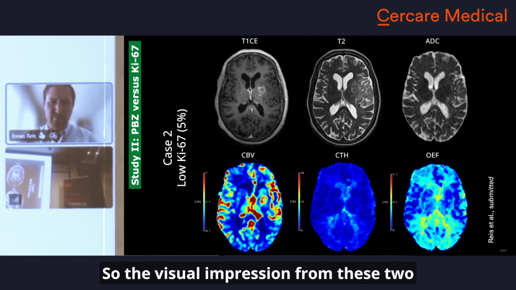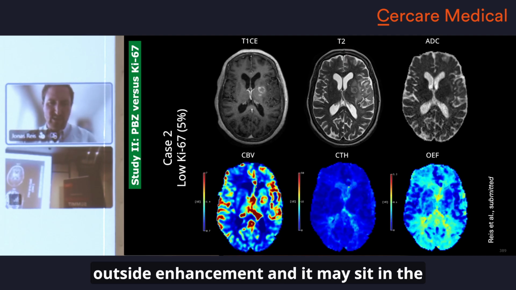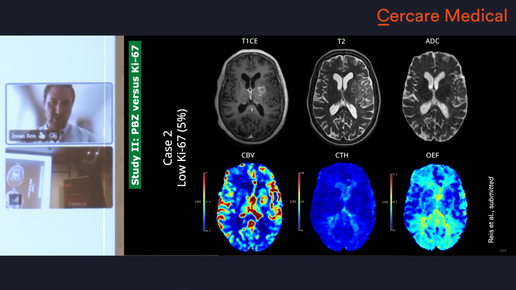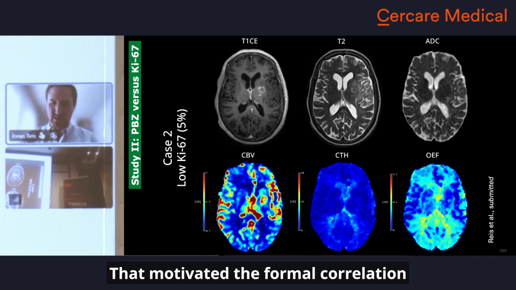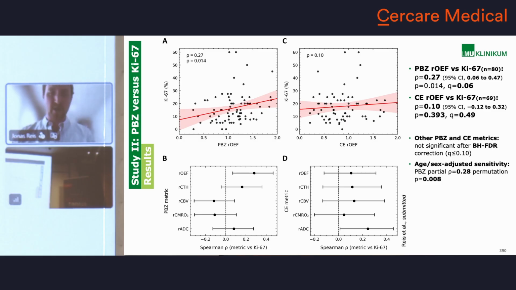So the visual impression from these two examples was that the relevant difference may sit outside enhancement, in the peritumoral brain zone. That motivated the formal correlation analysis I'm going to show.